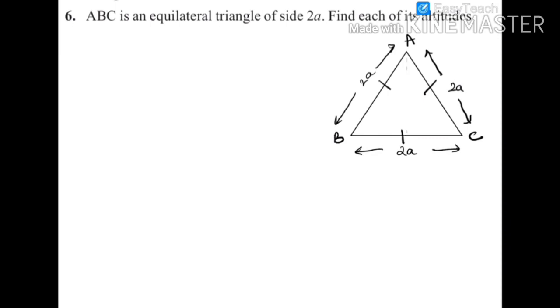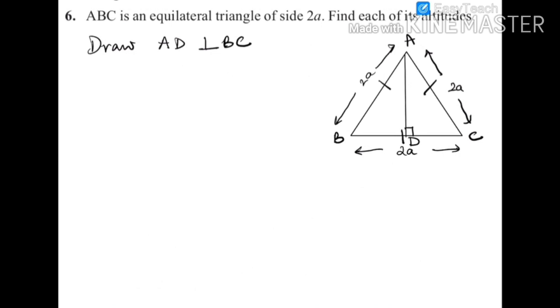So all three altitudes are going to be equal. Altitude is a line which is drawn from the vertex joining the opposite side such that it is perpendicular to the opposite side. So AD is the altitude. We have studied in lower class that if we draw an altitude to an equilateral triangle, then it will bisect the opposite side.